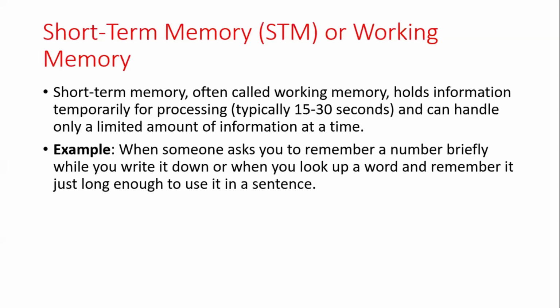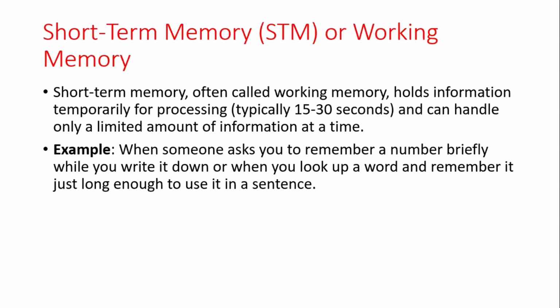And let's look at the types. We all know short-term memory. Short-term memory is all about temporarily remembering something for like 15 to 30 seconds. Mostly when the use is over, we tend to forget it, as simple as that. For example, we might get an OTP that we will remember only till it is useful.